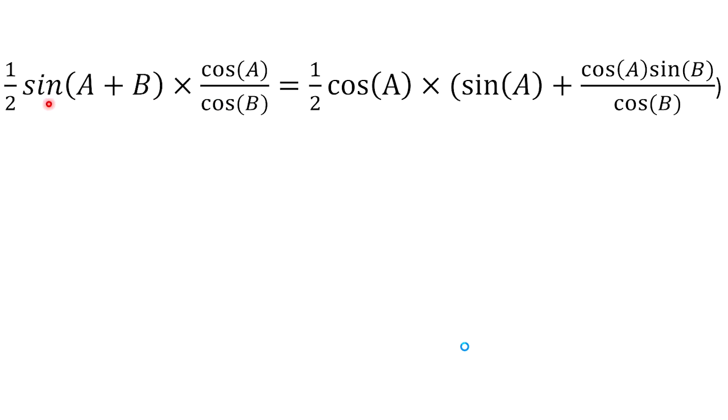So I have sine A plus B times cosine A divided by cosine B equals half times cosine A times sine A plus cosine A sine B divided by cosine B.